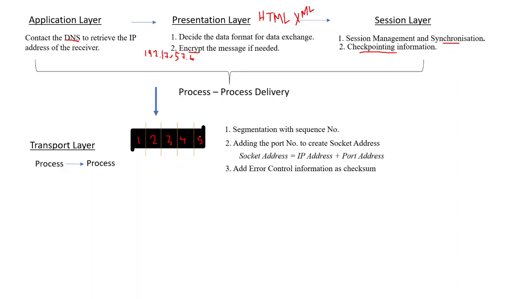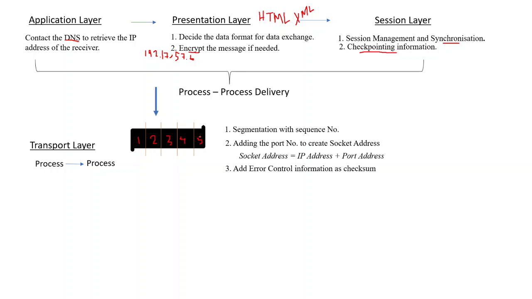Now when you are using your computer, like in my computer I have so many applications running at the same time: the game application, then maybe MS Word application, then my browser application. When a reply comes from the server, it first will reach the transport layer before reaching any of the 3 previous layers.